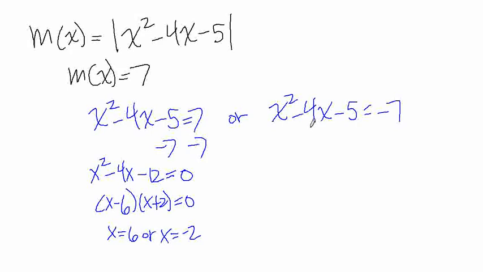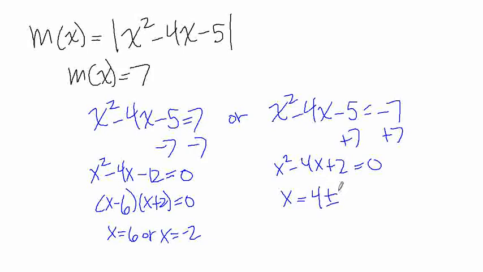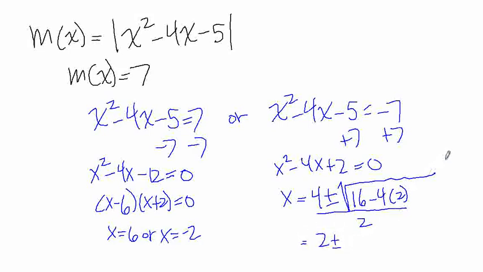Okay, and then the other side, adding 7 to both sides, we get x squared minus 4x plus 2 equals 0. And now we need to use the quadratic formula. So x equals negative b plus or minus the square root of b squared minus 4 times a times c, all over 2a. That gives 2 plus or minus, and I can divide what's inside the square root by 4.